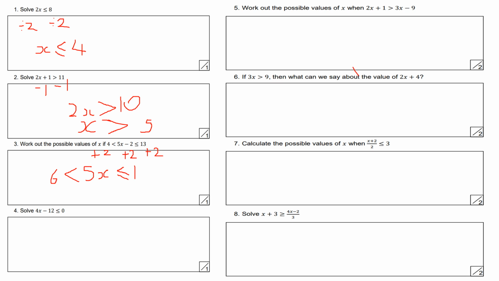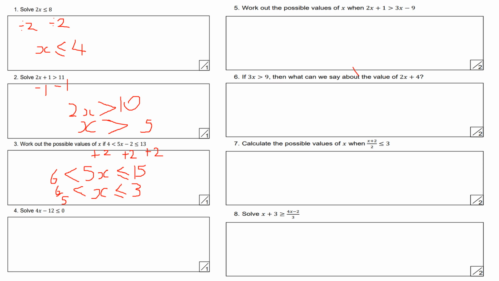Now dividing everything by 5, I get x is greater than 6/5 and less than or equal to 15/5, which is equal to 3. And that is my final answer for question number 3.